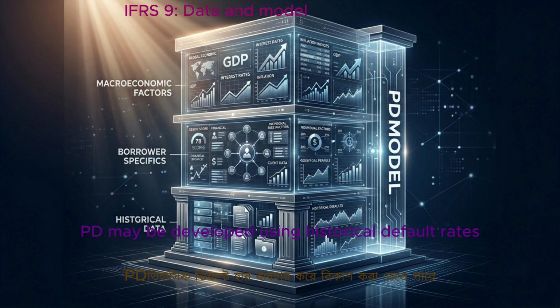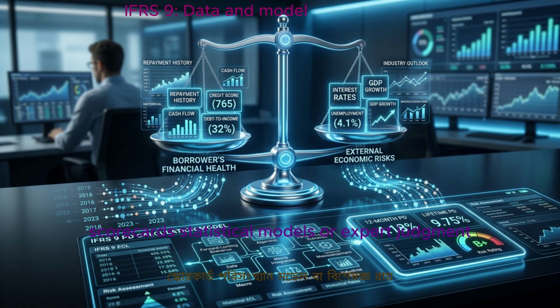PD may be developed using historical default rates, internal credit ratings, rating transition matrices, scorecards, statistical models, or expert judgment. For example, if historical data shows that 3 out of every 100 similar borrowers default within 1 year, the 12-month PD may be around 3%, subject to adjustment for current and future conditions.